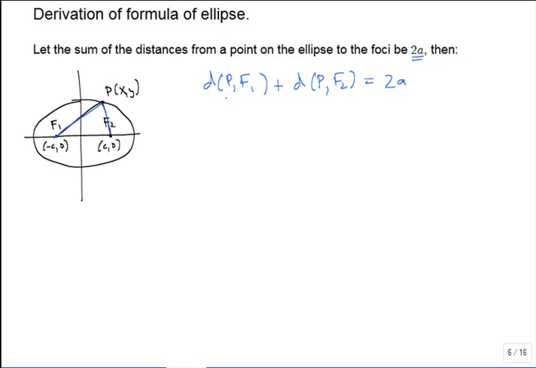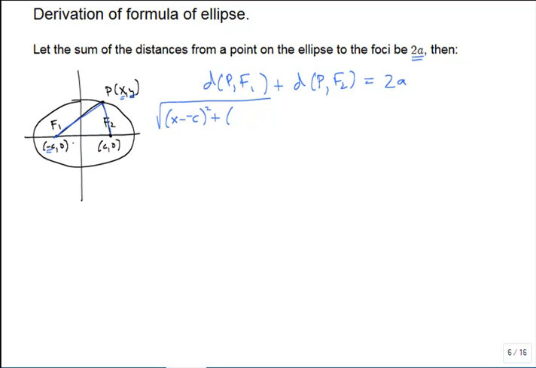So let's write down what the formulas would look like for these two distances. We're just going to use our distance formula, which is the square root of the difference in the x's squared. So this x minus this x, so x minus negative c quantity squared, plus the difference in the y's squared.